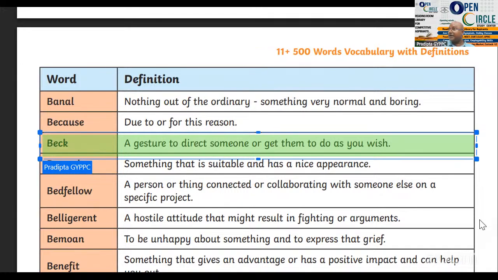So from the word beck comes the word beckon. Beckon means giving a hand signal. Beckon could be positive or negative, but beck is generally a hand signal.